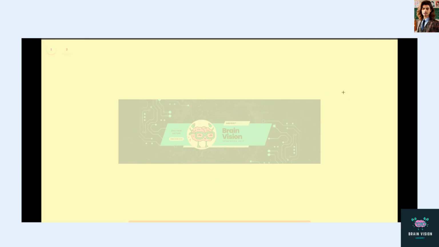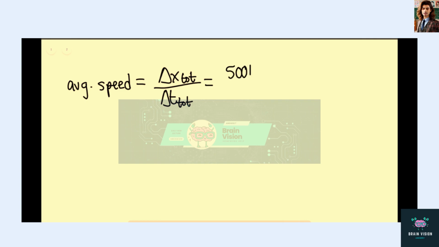So to find the average speed, this would be equal to delta x total divided by delta t total, and this would equal 500 kilometers divided by 8.177 hours, giving us approximately 61 kilometers per hour.